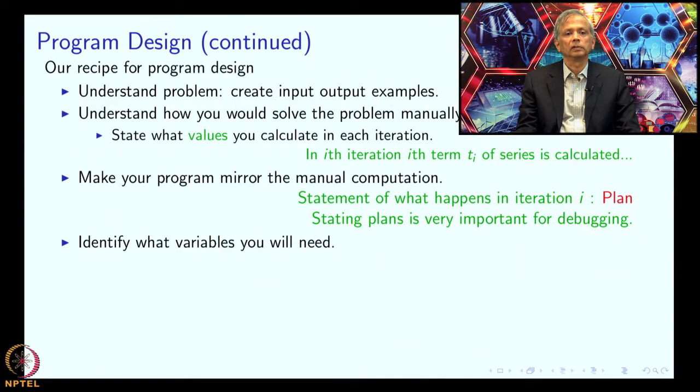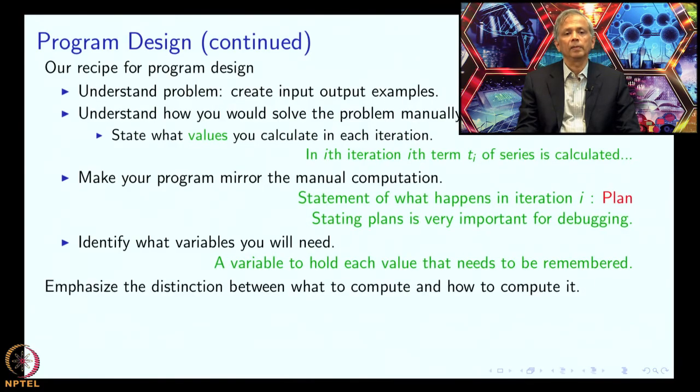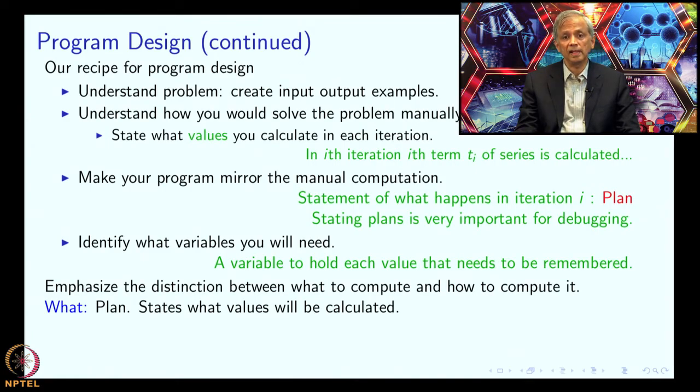So the way the recipe goes, identify the variables you will need. And one point that can already be emphasized even at this stage is the distinction between what to compute and how to compute it. What to compute is given by the plan. The plan will say something like Ti will be calculated.